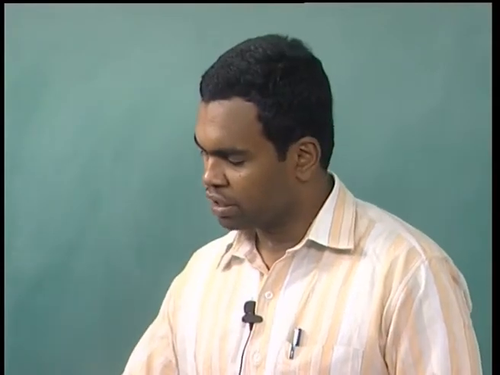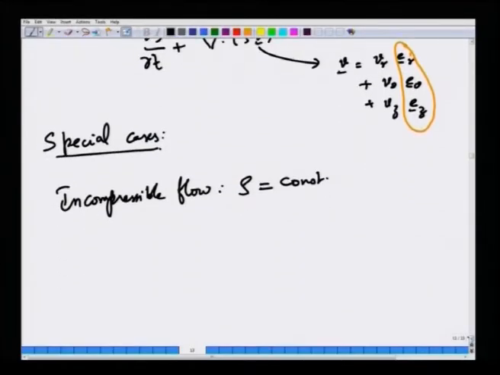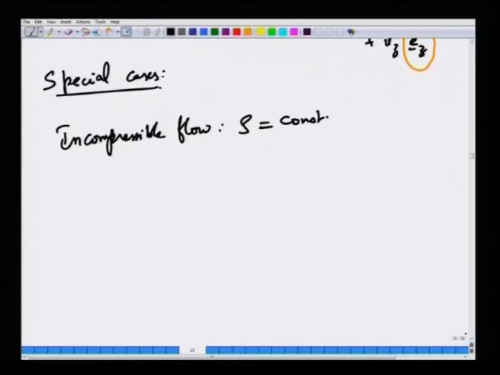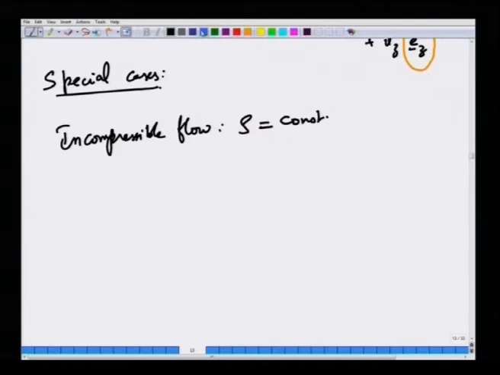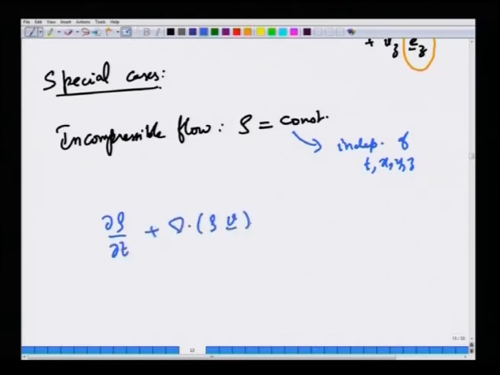We will of course derive a criterion as to when the flow can be considered incompressible shortly, but right now, we will just write down the simplified continuity equation for an incompressible flow. Rho is a constant, means it is independent of x, y, z and time. So, d rho dt plus del dot rho v is 0.